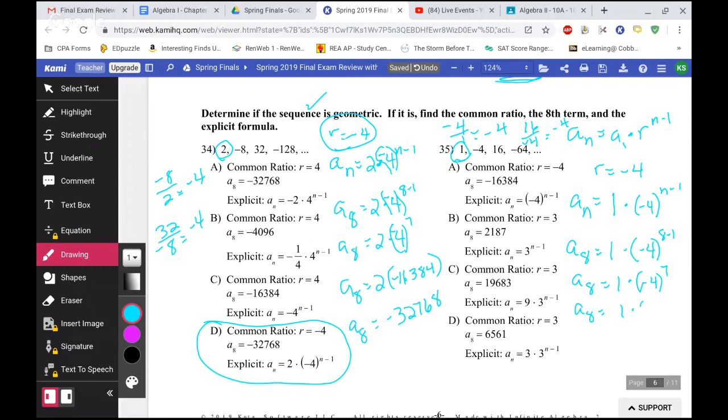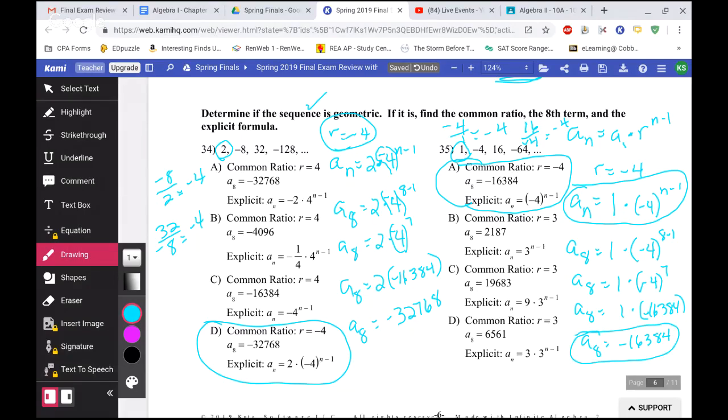since we've already done this once before, I'm going to just use my answer. And then 1 times -16,384 is -16,384. So my answer for the multiple choice is A. But Garrett, for you, this is the explicit formula.